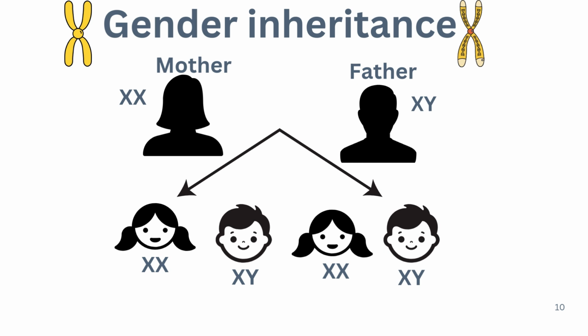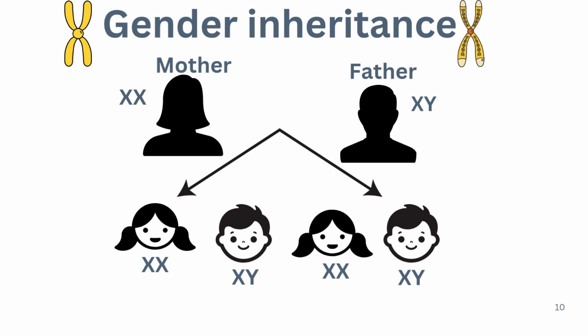The female sex cell will always give an X chromosome. If the father's sperm cell gives an X chromosome, the child will be a female. If the father gives a Y chromosome, the child will be a male.